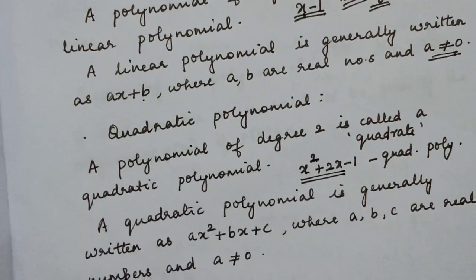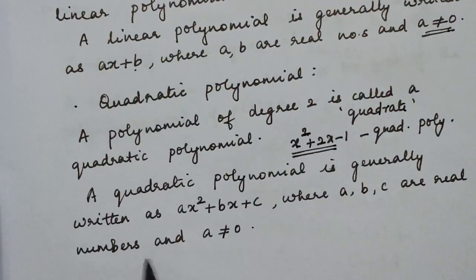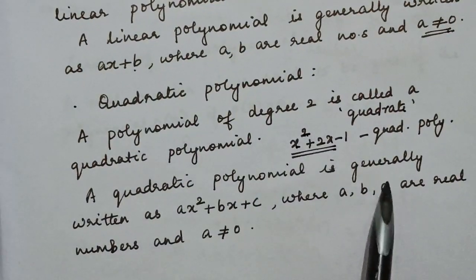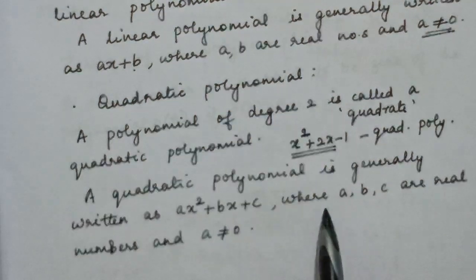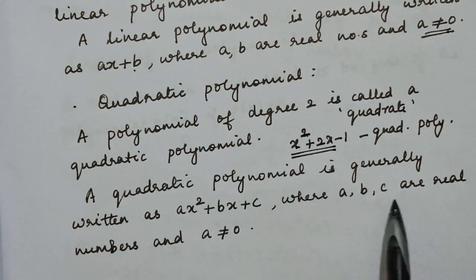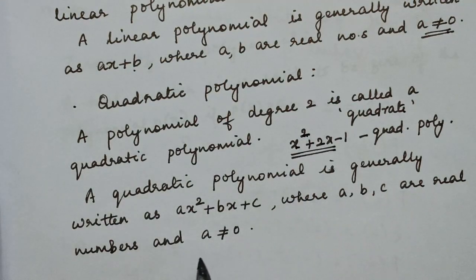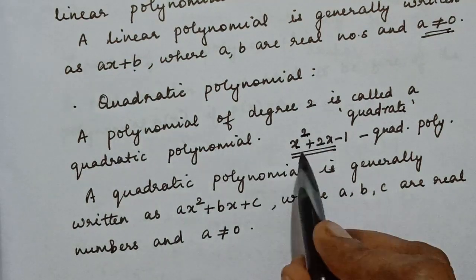So we can say a quadratic polynomial is generally written as ax squared plus bx plus c, where a, b, c are real numbers and a not equal to 0. So what will happen when a becomes 0?